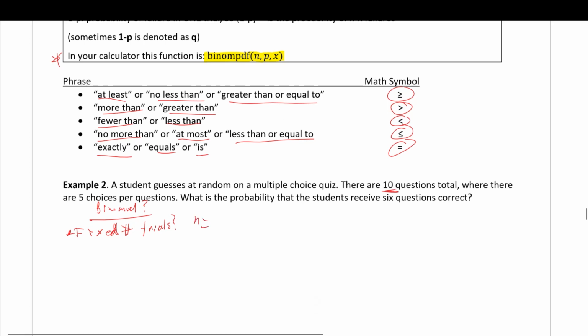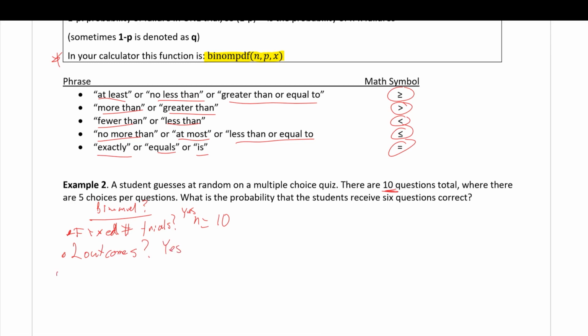So yeah, there are 10 decisions being made, or 10 trials. So yes. Okay. Do we have 2 outcomes per trial? Well, yeah, you can either get it correct or incorrect, right? So yes.